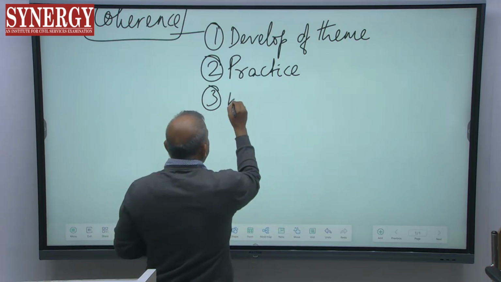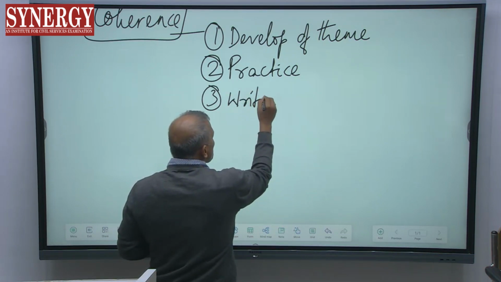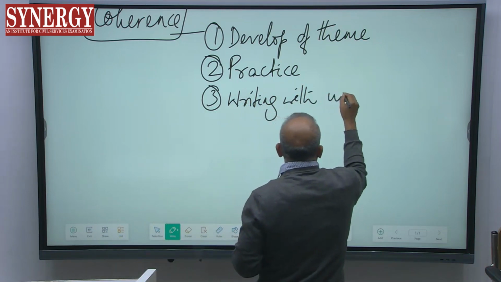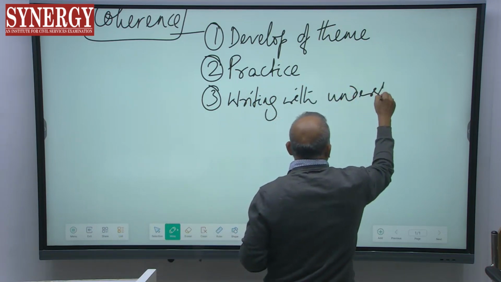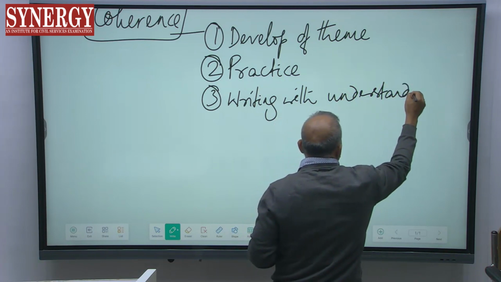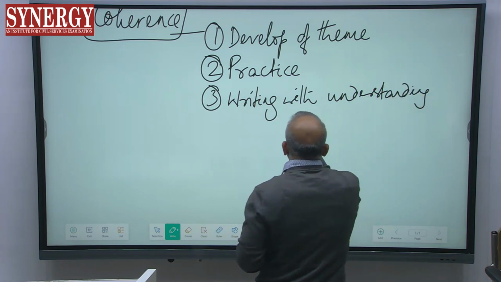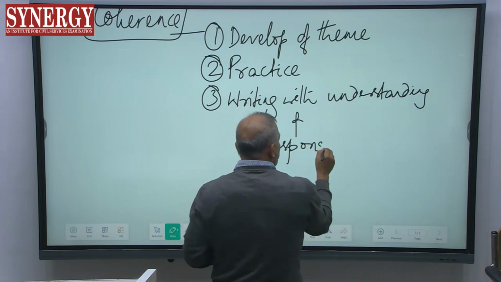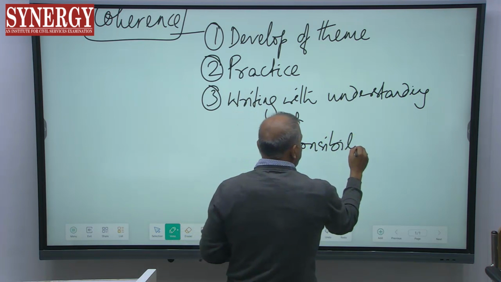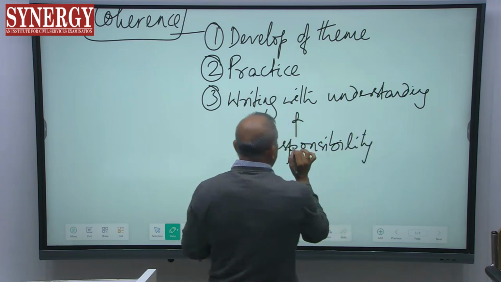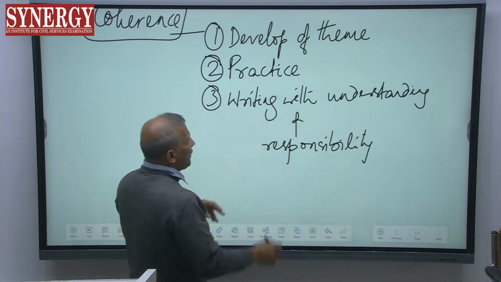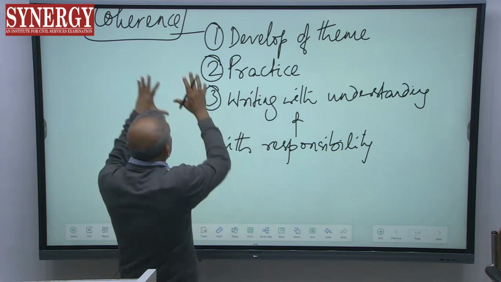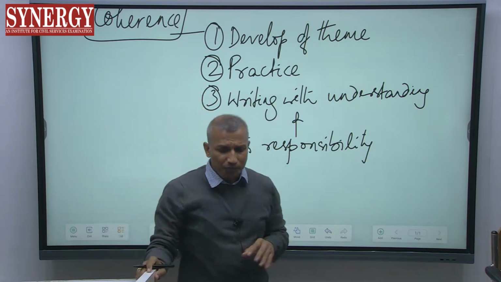That is, writing with understanding and, more particularly, with responsibility. Let me elaborate on this point. Why am I saying writing with understanding and with responsibility? This will help you in building a coherent answer.